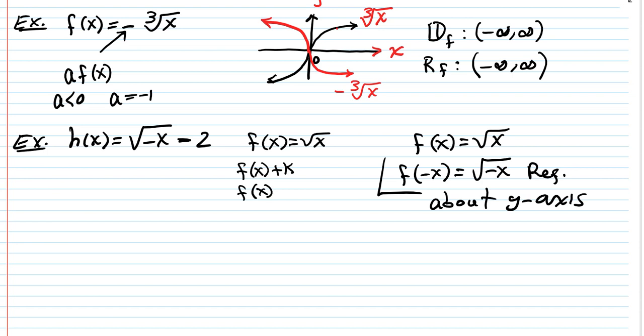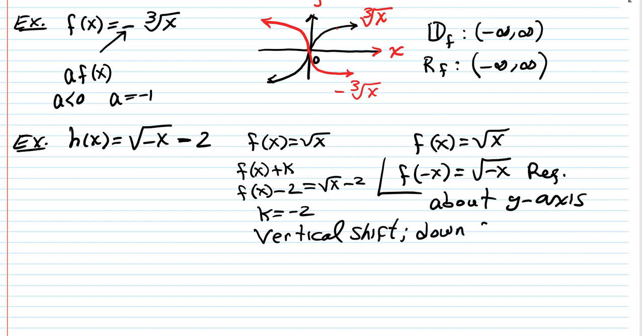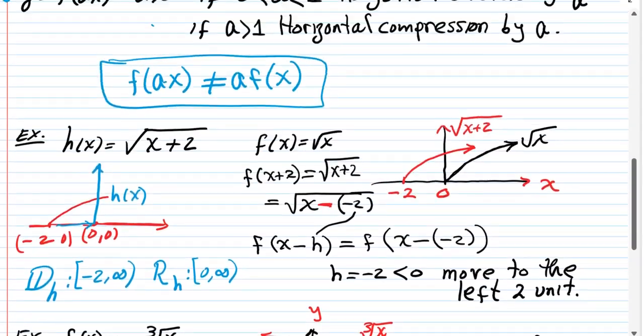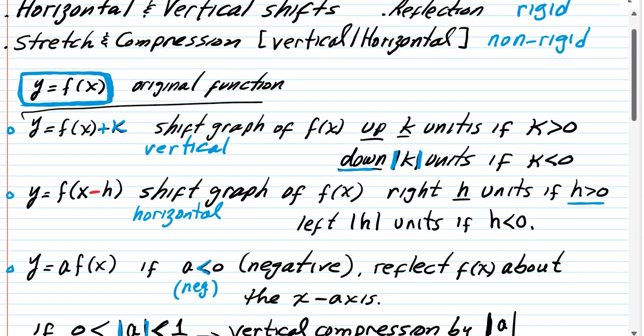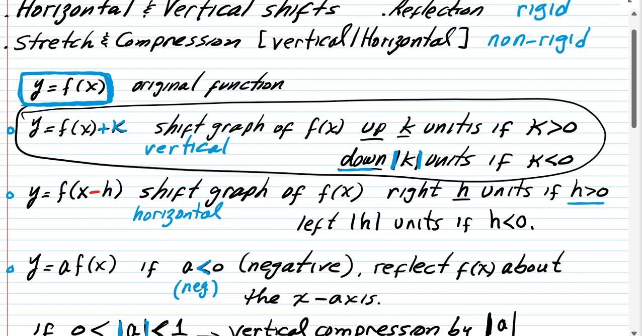So f of x minus 2 is going to be root x minus 2. K is negative 2, so this is going to be a vertical shift, and it's going to be down, right? Down 2 units. Again, how do we know that? If you come up here, right in the beginning, that's what we talked about there.